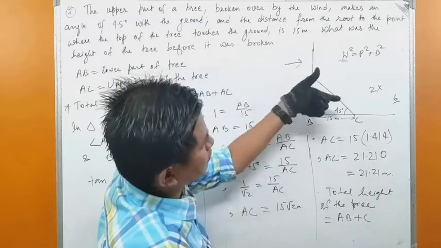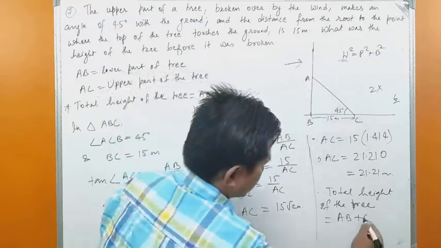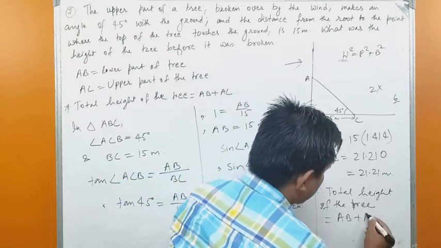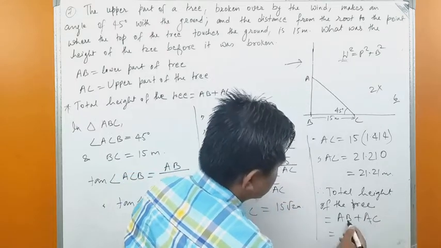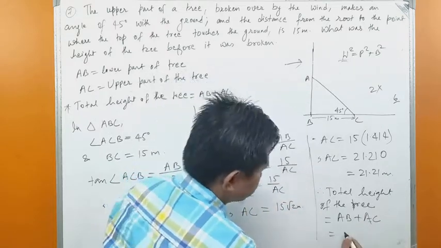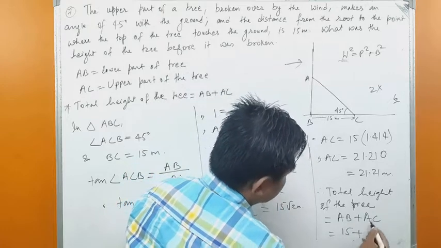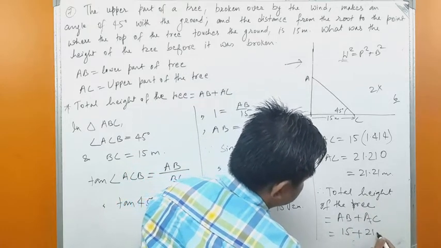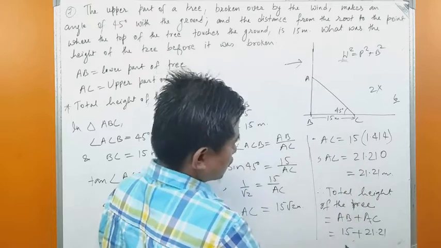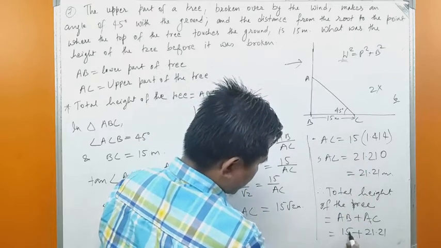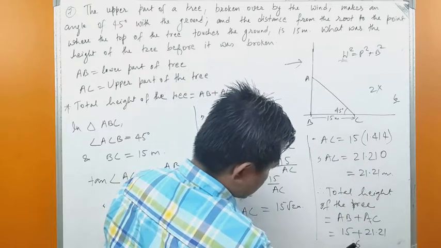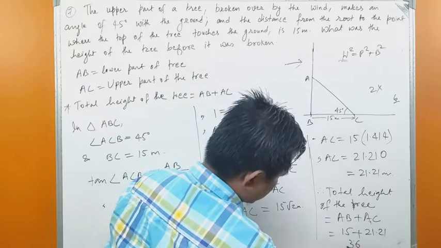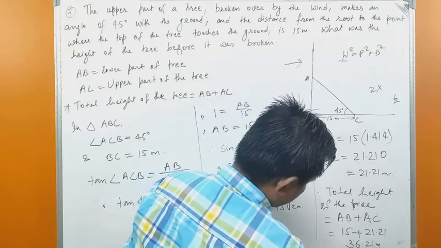Lower portion of the tree plus upper portion of the tree. This is AC, okay? So what is AB? AB is 15 plus AC is 21.21. 15 plus 21.21, let's add up. 5 plus 1 is 6, 2 plus 1 is 3, 36.21 meter.